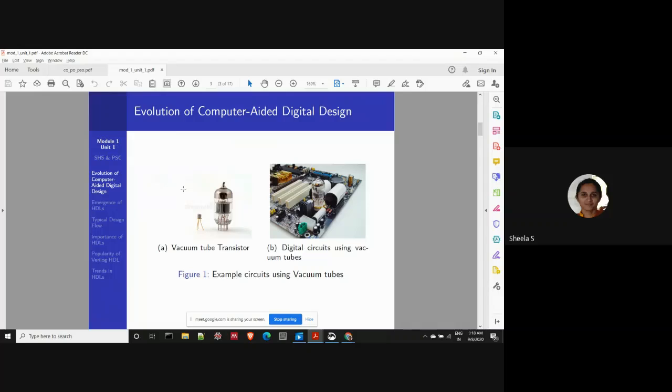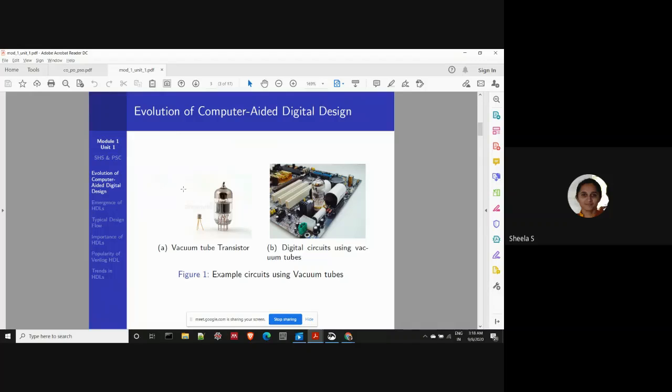As soon as we build it, we may not get the proper output, because if there is some loose contact or if the connection is not correct, in such cases we need to debug all the errors and check the functionality. So as the circuit complexity increases, finding the fault present in the circuit will be difficult.